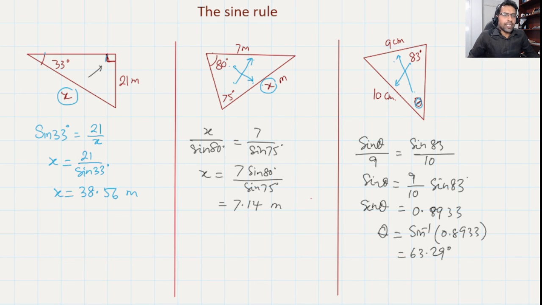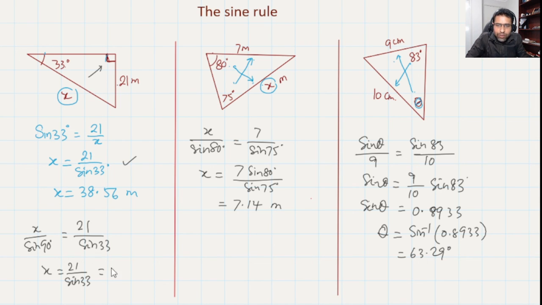Now you can probably think, can you do the first problem using the sine rule? Obviously you can. As you can see, the angle with the opposite arm is given, and for the unknown side we already know the 90-degree opposite angle. So you can write in terms of the sine rule: x over sine of 90 degrees equals 21 over sine of 33 degrees. But sine 90 is 1, so x over 1 is x, so you can write x equals 21 over sine of 33, which is exactly the same as before.